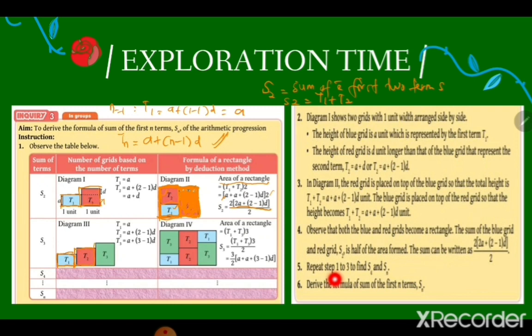Before, T2 had length A plus D, but T3 must be A plus 2D. So we have our first term, second term, and the third term. And then we want to form a rectangle. When we form a rectangle, as you can see, this is the original one.